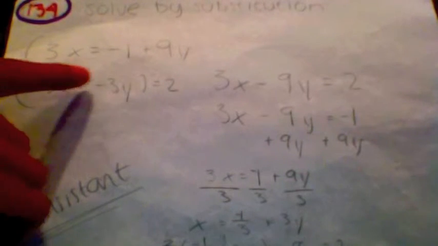And for our last problem, 134, what we have to do is solve by substitution. And here is the equation: 3x equals negative 1 plus 9y, and the second equation is 3 times x minus 3y equals 2. To substitute, we have to put plus y on one side of the equation and plus y on the other.